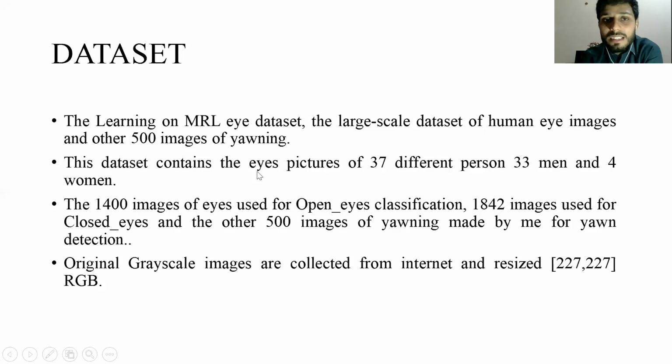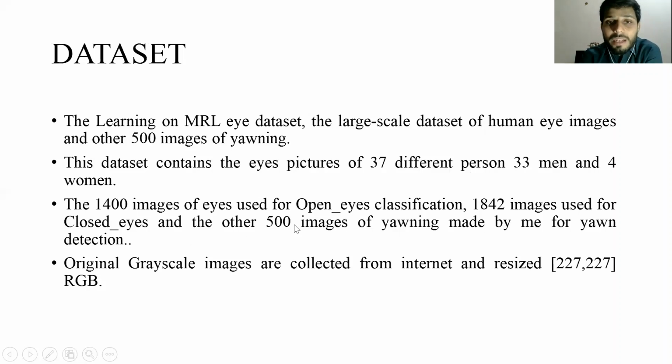The dataset contains the eye pictures of 37 different persons, 33 men and 4 women. 1,400 images of eyes are used for the open eye classification, another 1,842 images are used for closed eyes, and the other 500 images of yawning were made by me for yawn detection.